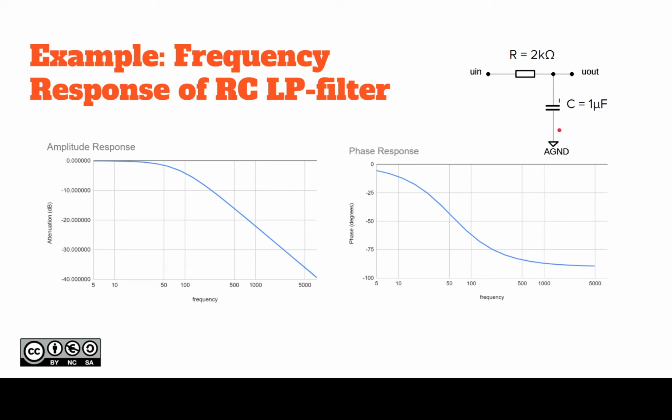So the capacitor is charging and discharging, taking out the current. So most of the voltage change will happen here for higher frequency signals. And this one eats out the high frequency component.